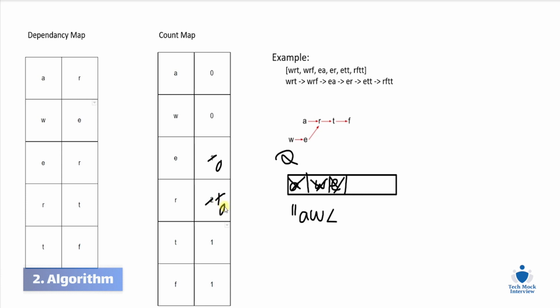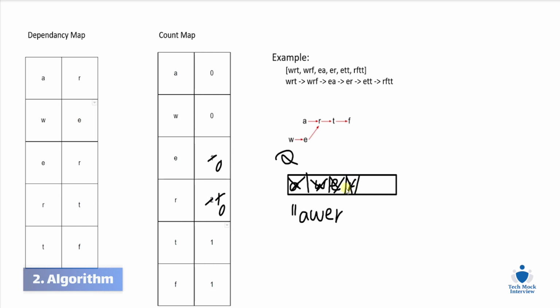We decrease R and add it to the queue because its dependency count is 0 now. Then we have R, pop it out of the queue.